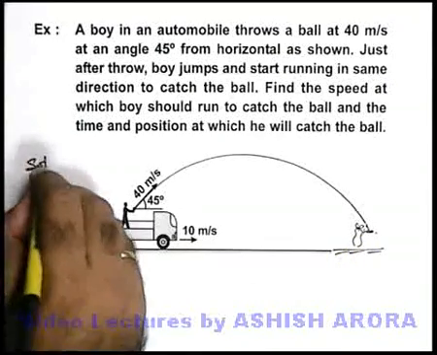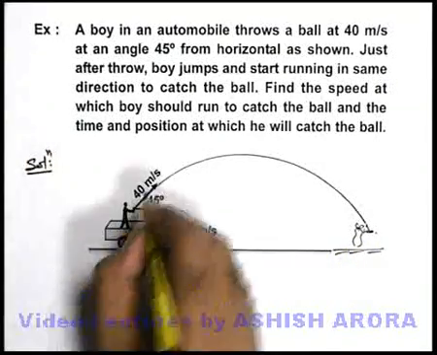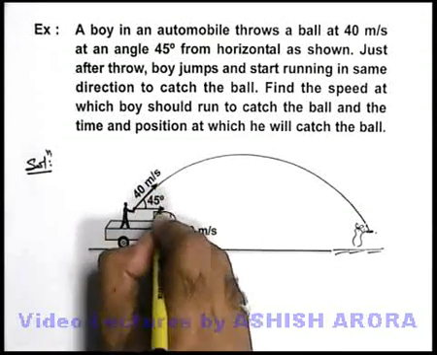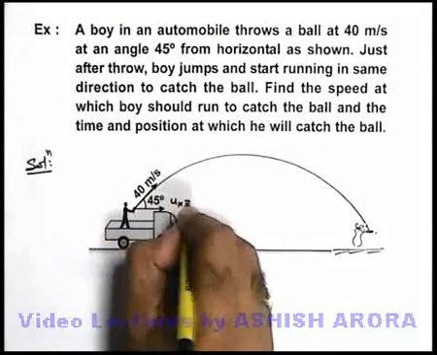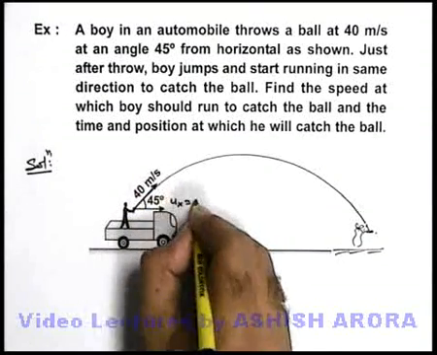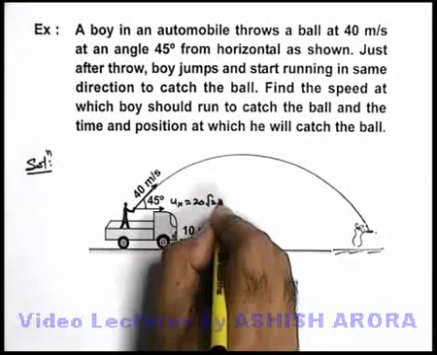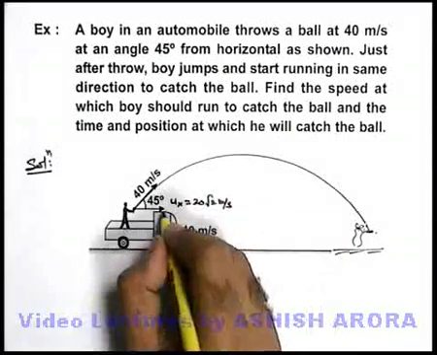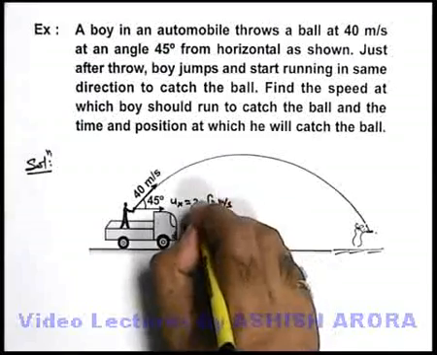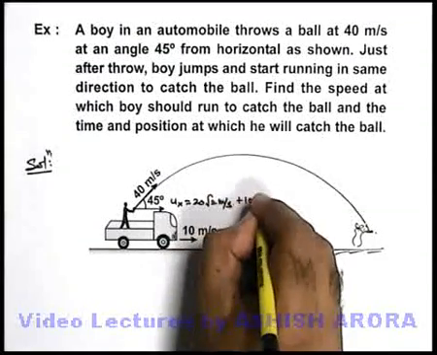Now when the ball is thrown at 40 meters per second, the horizontal velocity of the ball, ux, can be written as 40 cos 45. That will be 40 by root 2, which is 20 root 2 meters per second. Plus the ball will already be having the velocity of the automobile, so this will be 20 root 2 plus 10 meters per second.